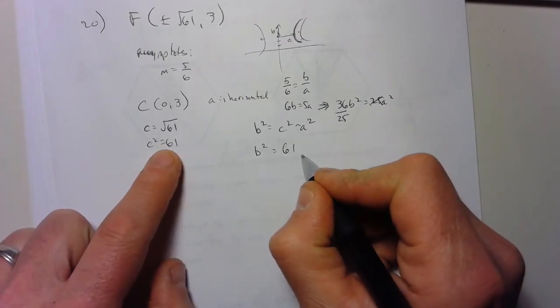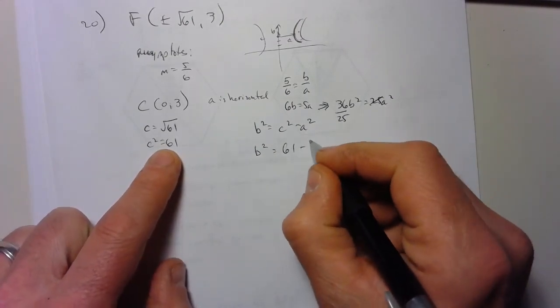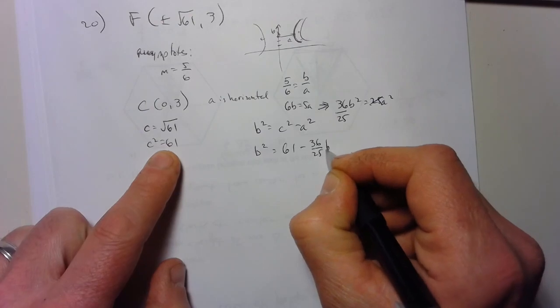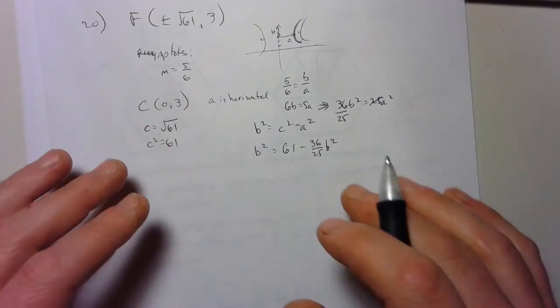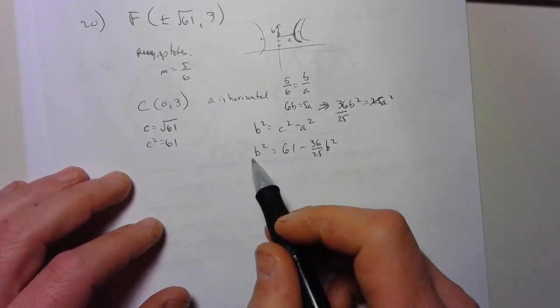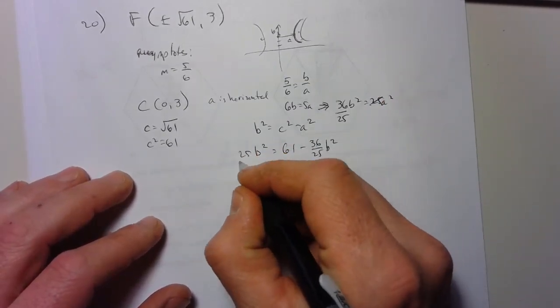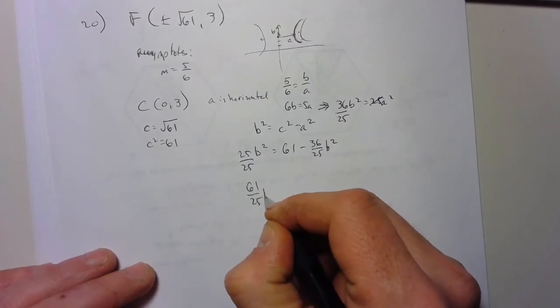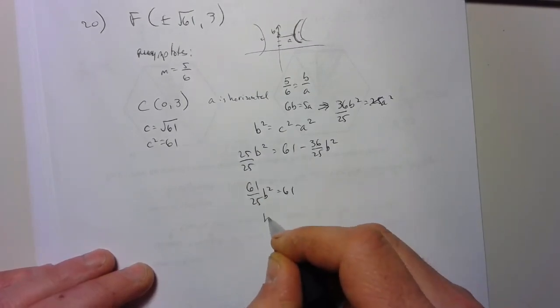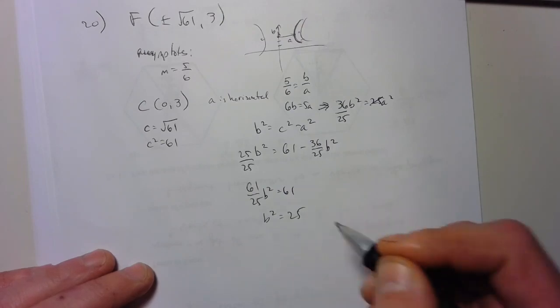C squared minus a squared is equivalent to 36/25 b squared. If I move this over, I could scale it by 25 if I want. So there's 25 25ths, add 36 to it, so I have 61 25ths b squared equals 61. So b squared equals 25. Okay, there we go.